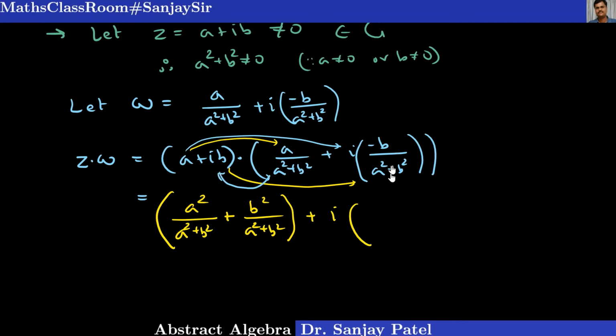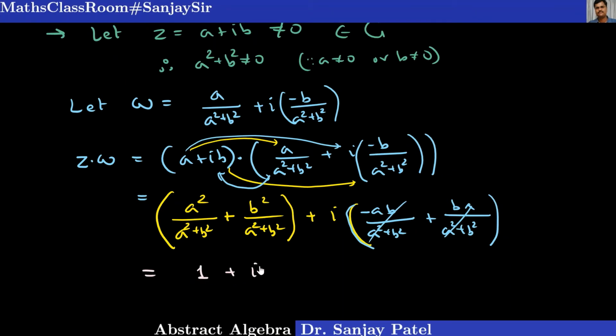So A into D, that is A into minus B, that is minus AB upon A square plus B square, and B into this, plus BA upon A square plus B square. So two terms will be cancelled, and finally what you will get is 1 plus i into 0, because a square plus b square upon a square plus b square is 1. So this is nothing but 1.